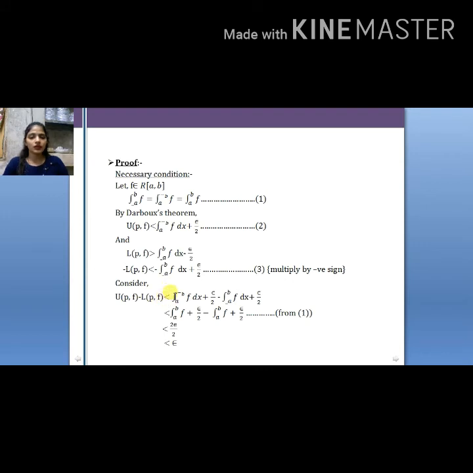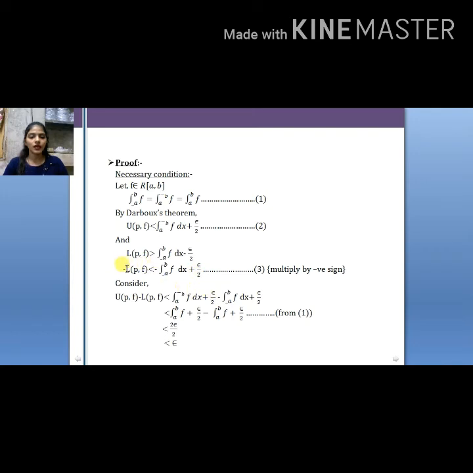That means this is strictly less than integration from a to b bar f of x dx plus epsilon by 2 minus LPF. Minus LPF, from equation 3, is strictly less than minus integration from a bar to b f dx plus epsilon by 2.